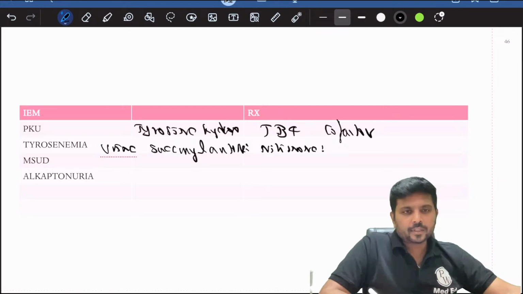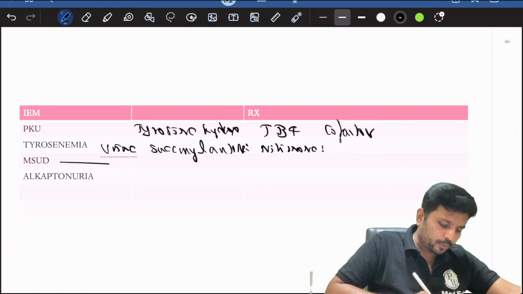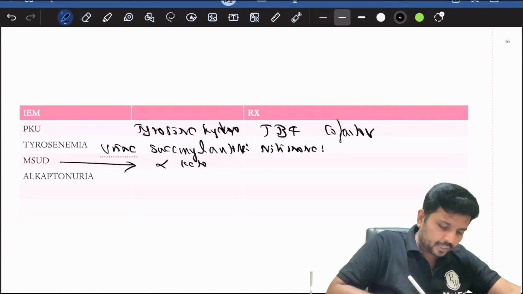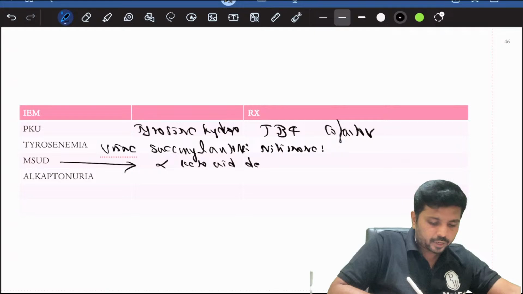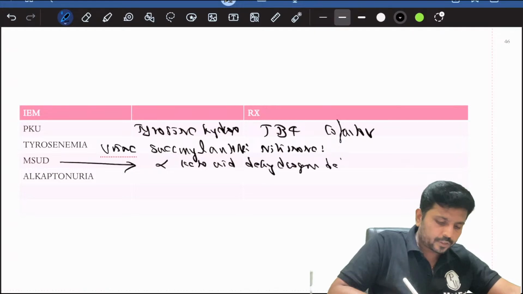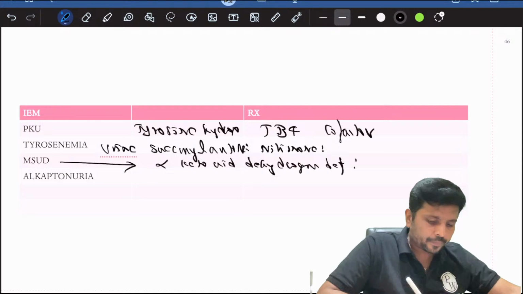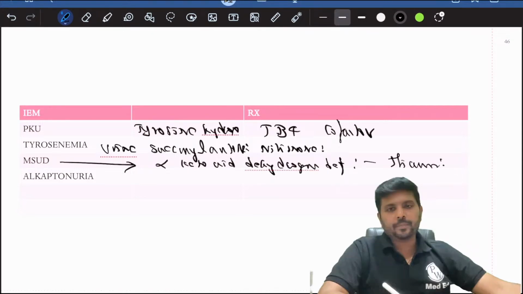Maple syrup urine disease is due to alpha keto acid dehydrogenase deficiency. It can be treated by giving thiamine. Very important, often asked question.